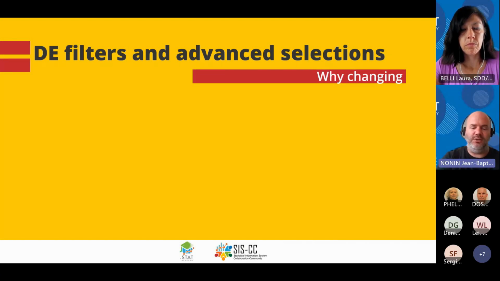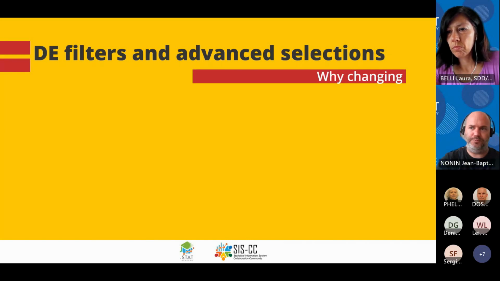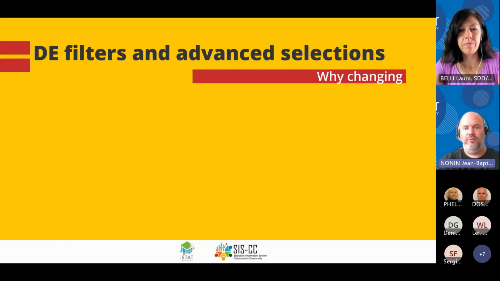Basically, a scope list allows you to display only one level of a hierarchy, only one at once. So for instance, if you select what we call a parent within the filters and decide to browse for the children or to select the children, then the parent will not be visible anymore on screen.